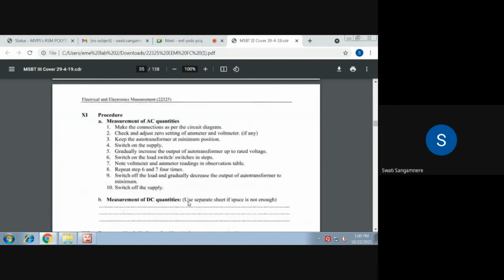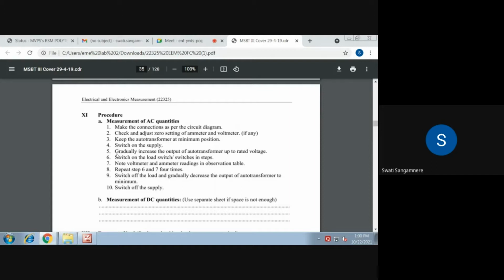Then see the procedure for measurement of AC quantities. First, make the connection as per the circuit diagram. Second, check and adjust the zero setting of ammeter and voltmeter. Third, keep the auto transformer at minimum position. And fourth, switch on the supply.